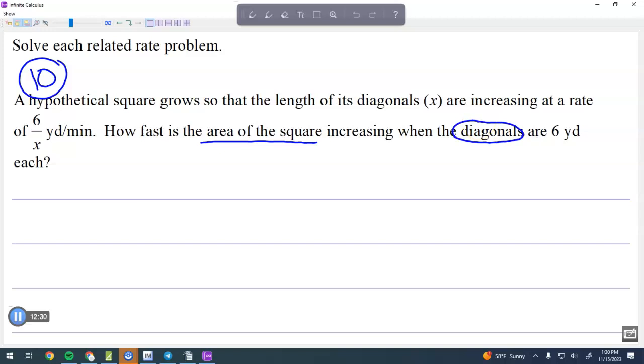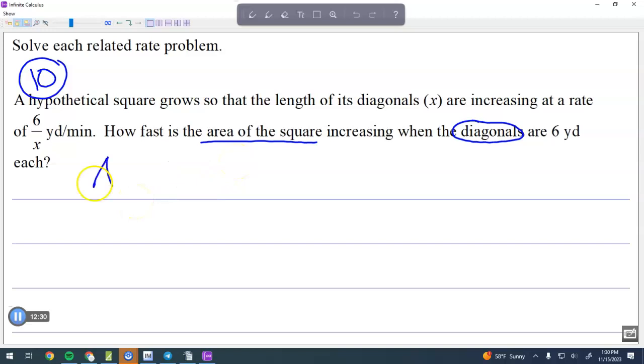Does everybody know it? If I tell you the diagonal of a square is 6, can you tell me the area? The area is 1/2 times the diagonal squared.